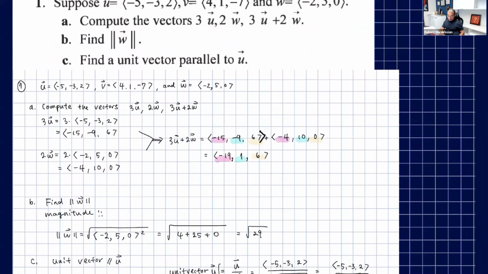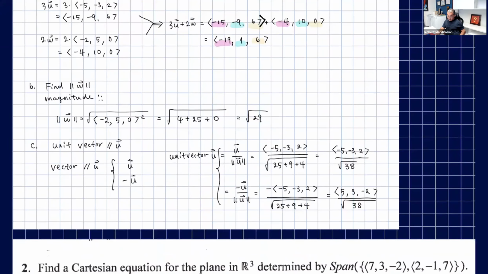Number C, or the third question, says find the unit vector parallel to U. To find the unit vector parallel to U, you just take the components and divide by the norm of U. So you find the norm of U, and you take each component and divide it.